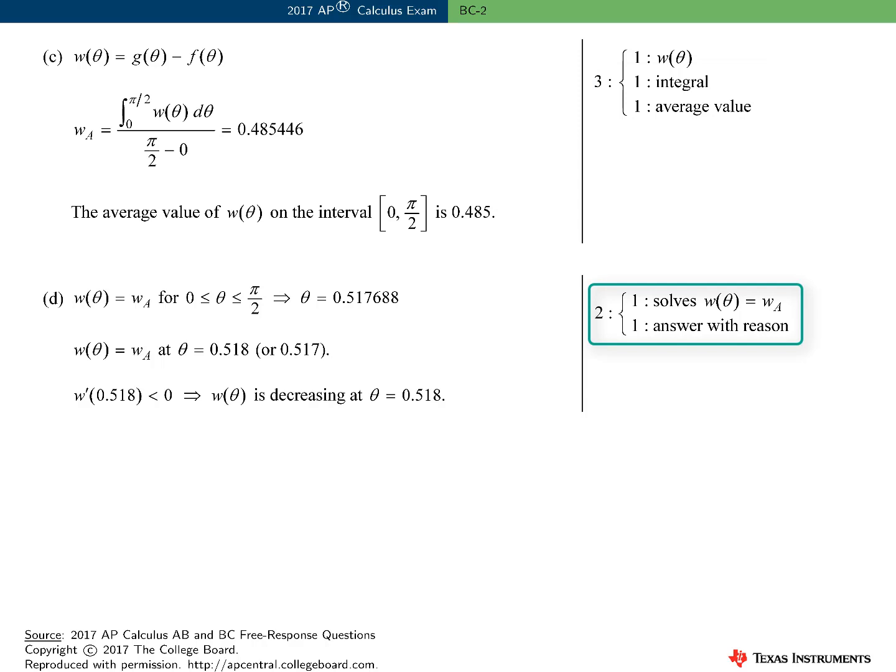Part D was worth 2 points. 1 point for solving the equation w of theta equals the average value, that is, for finding a value of theta such that w of theta is equal to the average value found in part C, and 1 point for stating that w of theta is decreasing at this found value of theta, and for providing a valid reason.